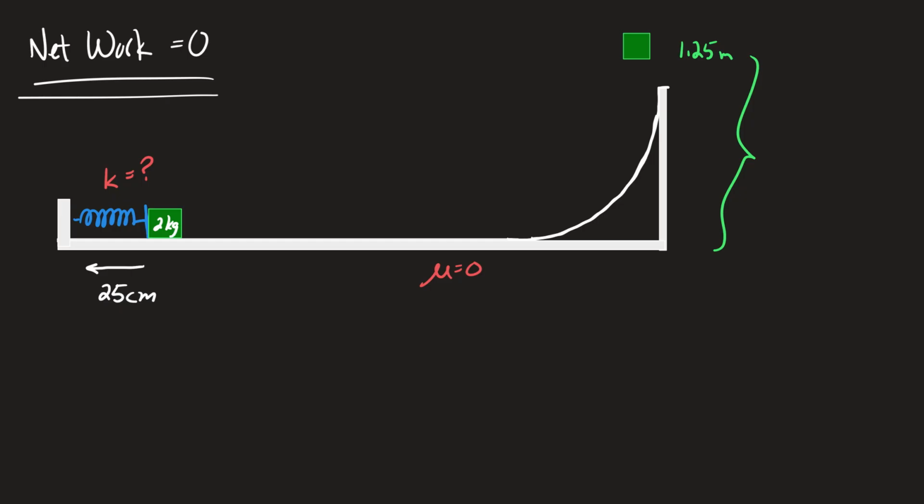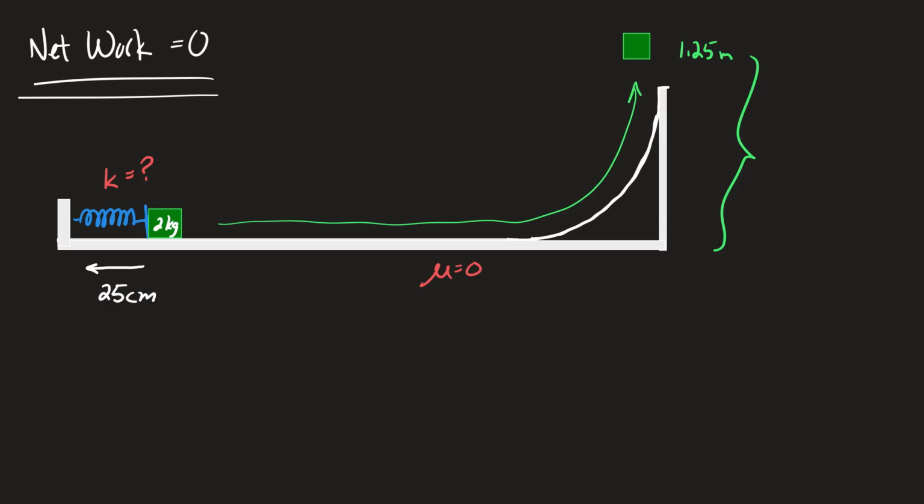I'd like to know what the spring constant was. Okay? So again, I pull the box back and release it. It goes along this road, up into the air, and gets 1.5 meters above the ramp, stops, and comes back down. I'd like to know what the spring constant is.